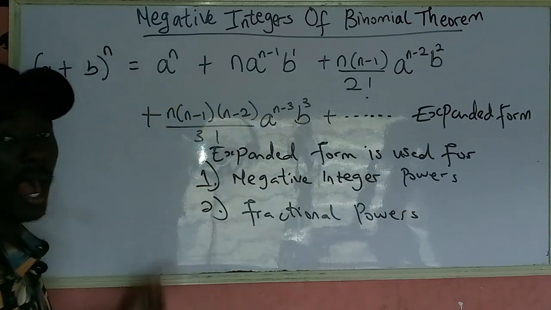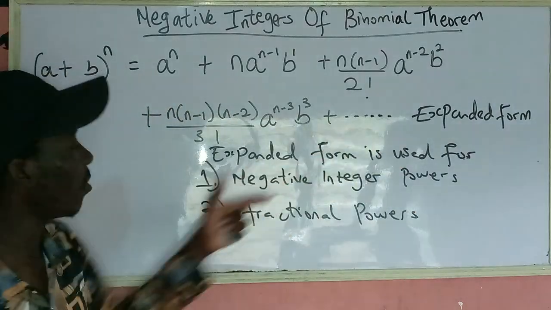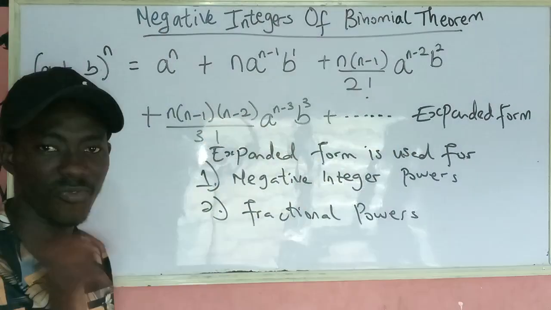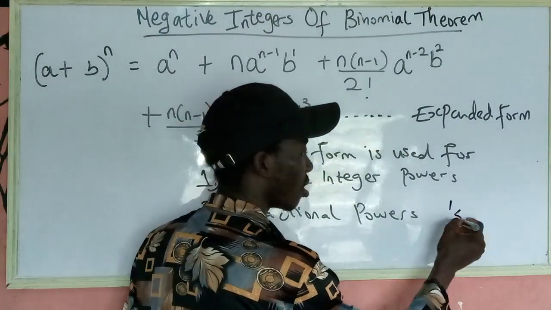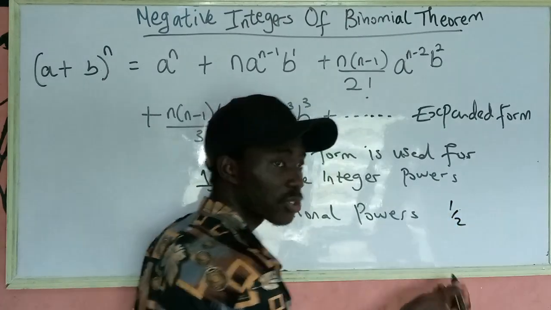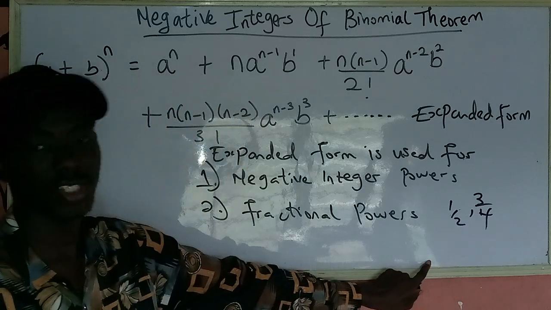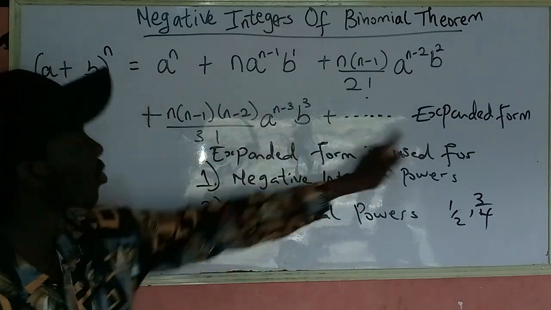So these two are what we use the expanded form for. Whenever you have fractional powers, other fractions like 1/2 or 3/4, you also use the expanded form.